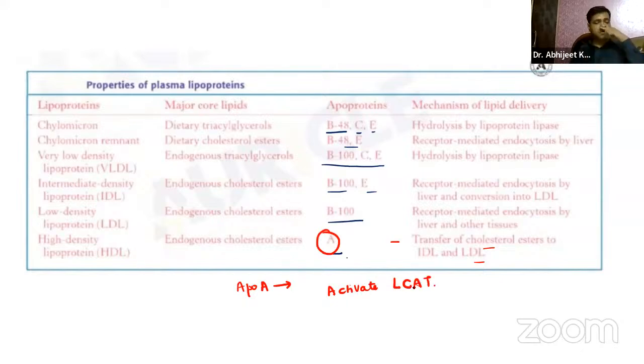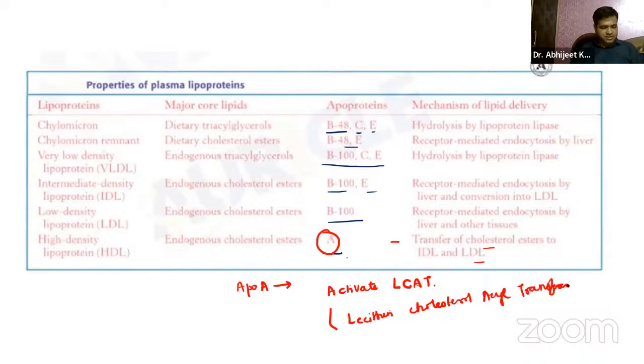I'll be discussing the fatty acid metabolism part tomorrow. It is called lecithin cholesterol acyltransferase. So ApoA activates this particular enzyme, lecithin cholesterol acyltransferase.